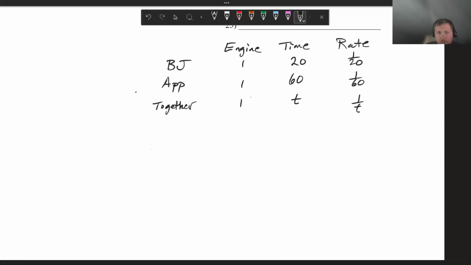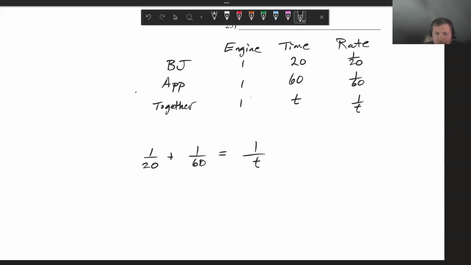So now the rates for the people working individually, I'm going to add together. So 1 over 20 plus 1 over 60. And that should be equal to the rate when they're working together. If you want, you can multiply through by 20 times 60 times t to cancel everything out.